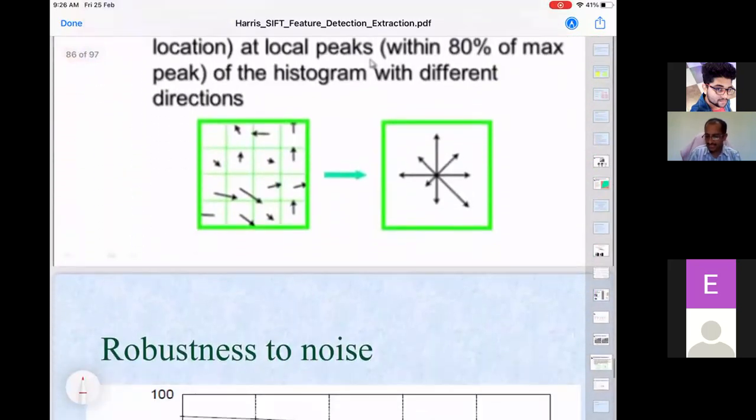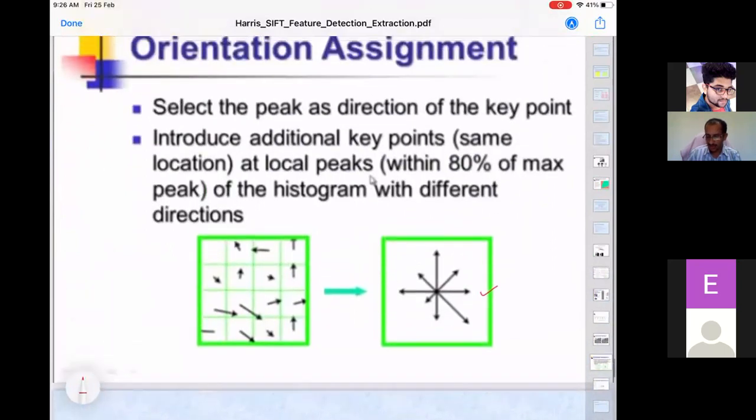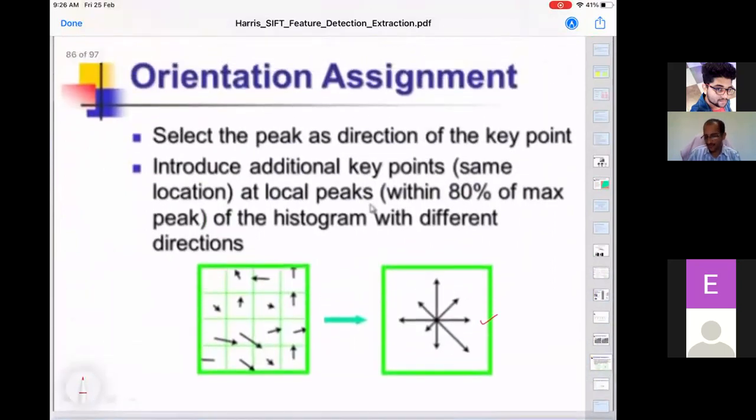Once they assign orientations, they will get the dominant orientations. They get the HOG vector at that location. So at a given x, y, sigma, they will get a HOG vector. If we consider 8 bins, as seen here, they will get an 8x1 vector. The 8x1 vector indicates the magnitude weighted angles, as we discussed before.